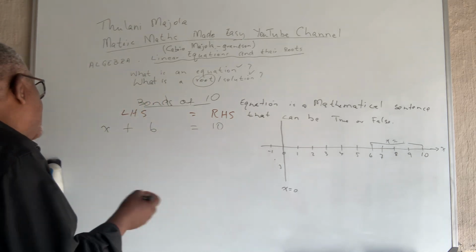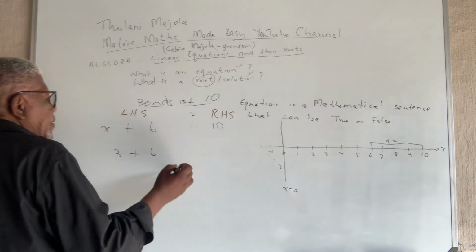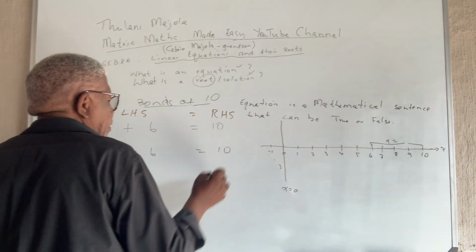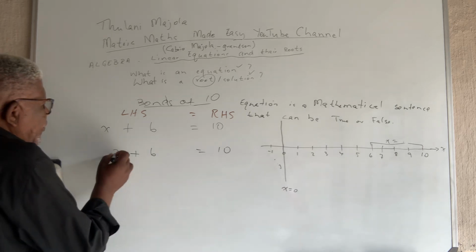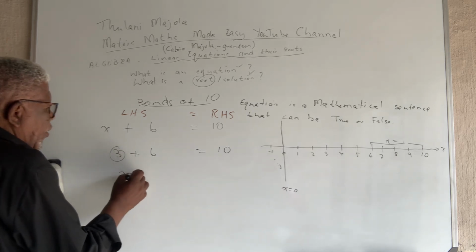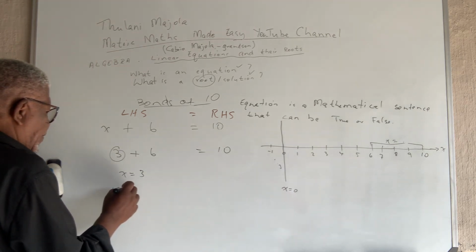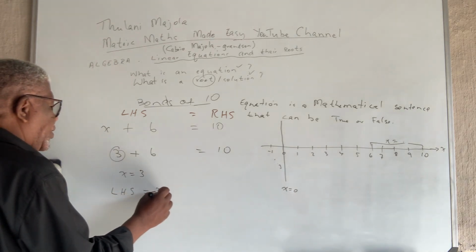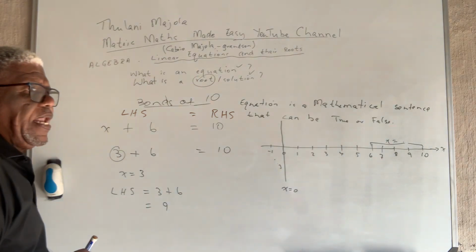Say you say, no, my x will be 3. Okay, fine. Once you find your x value equal to 3, you check it. My left hand side is now equal to 3 plus 6, which gives me 9.